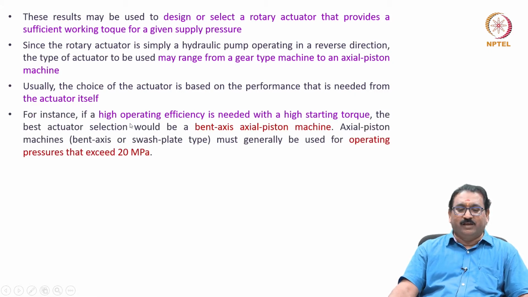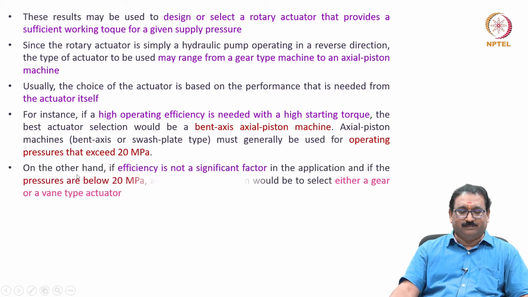Usually the choice of the actuator is based on the performance that is needed from the actuator itself. For instance, if a high operating efficiency is needed with a high starting torque, the best actuator selection would be a bent axis axial piston machine. An axial piston machine, meaning a bent axis or a swash plate type, must generally be used for operating pressures that exceed 20 megapascal.